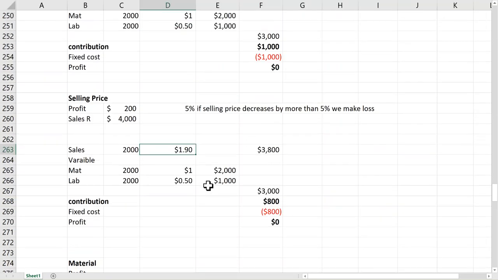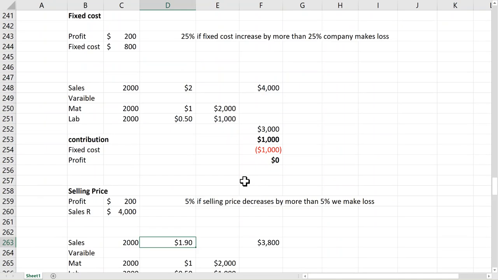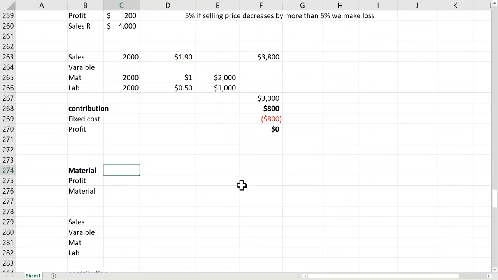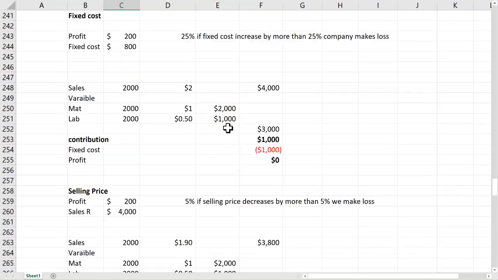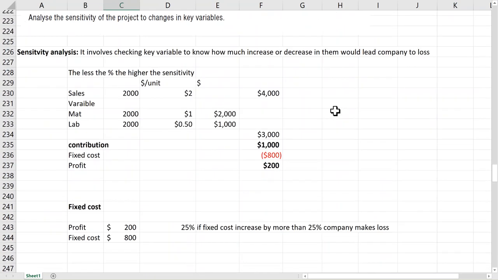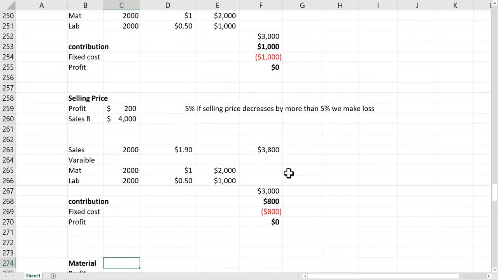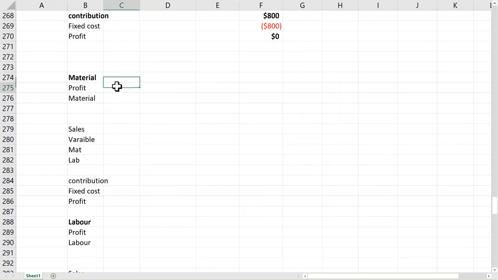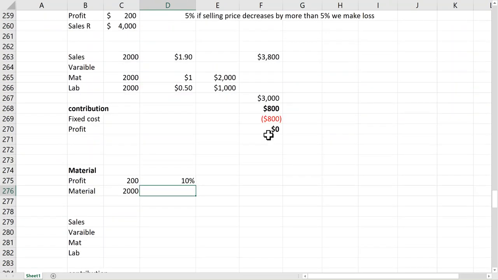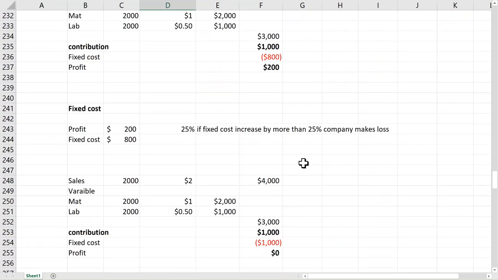Next, material, we will do the same thing. Taking the cost of material, which is 2,000 here, profit divided by cost of material 2,000, so it should give us sensitivity, which is 10%. Less sensitive than sales, but more sensitive than fixed cost.